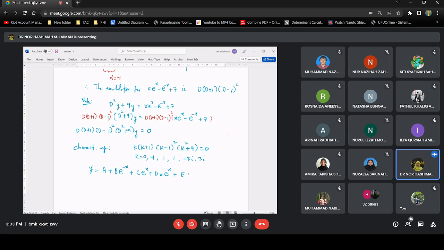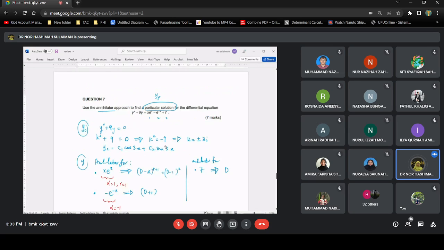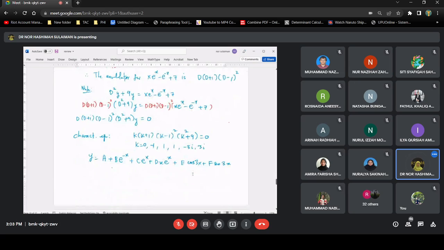E cos 3X plus F sin 3X, right? Okay. So we slash out the terms that has already appeared in YC. Apa term yang dah keluar dekat YC? Terms containing the cos 3x dengan sin 3x. So yang ni kita slash out.